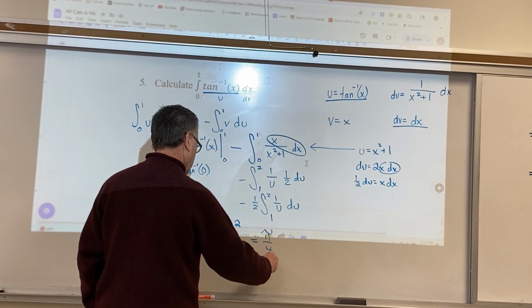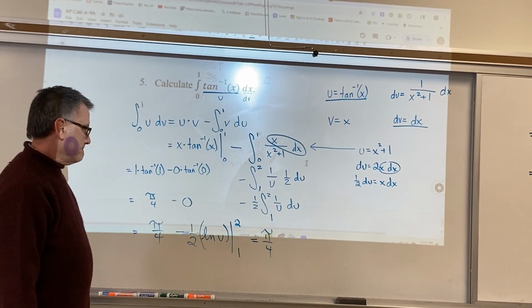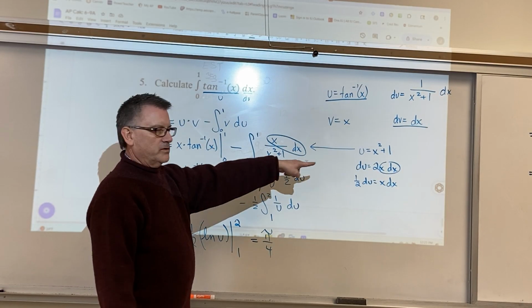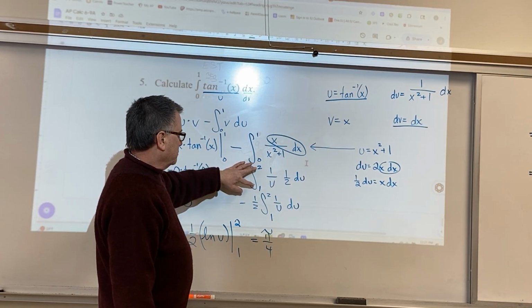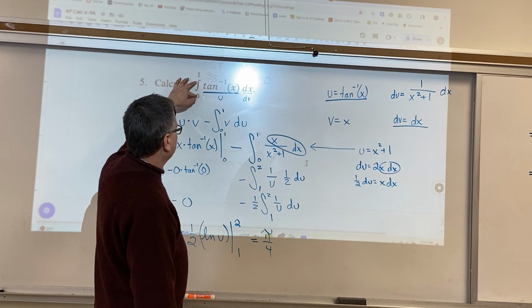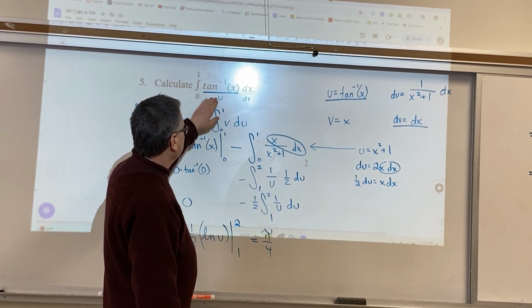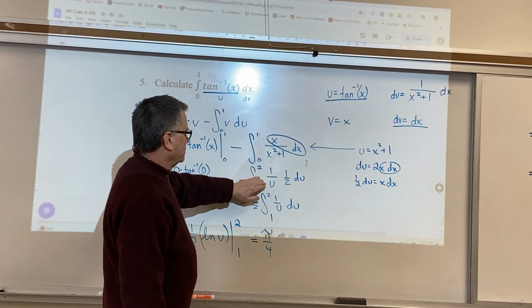Can you repeat what you did from 1 to 2? When I changed the x to u over here, I went ahead and changed my intervals of integration from this to that.